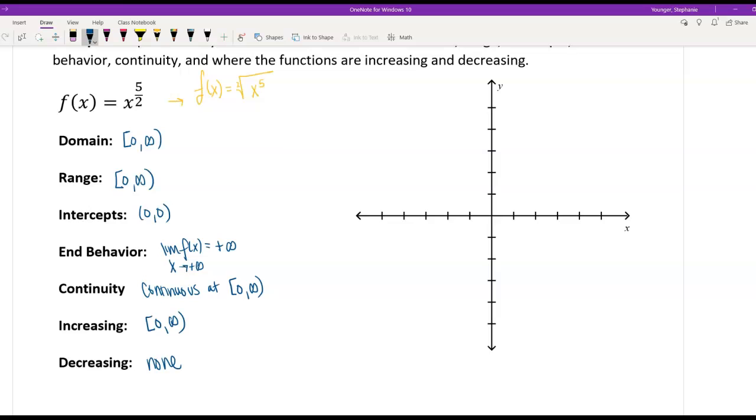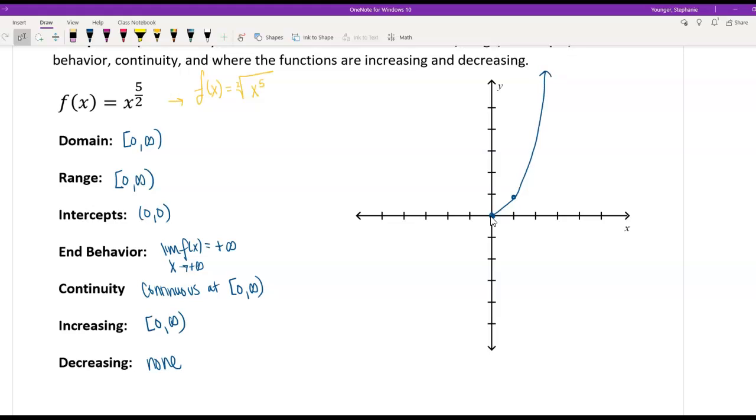All right, so now I know that with this root, I have the 0 and I have the 1. But what happens with x to the 5 halves? What is that going to look like? Well, it actually makes this funky shape, like this.